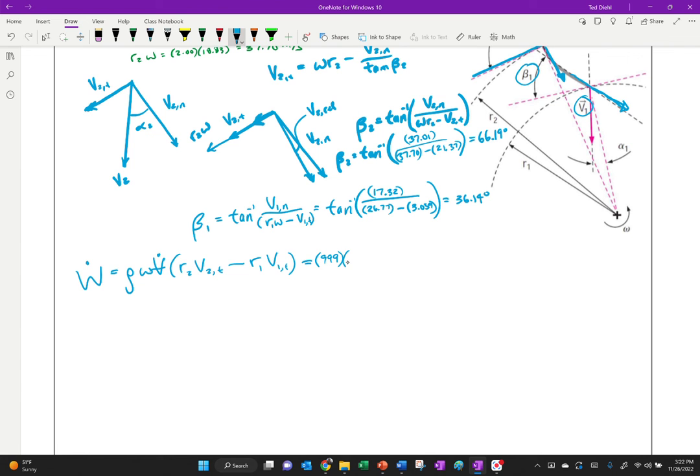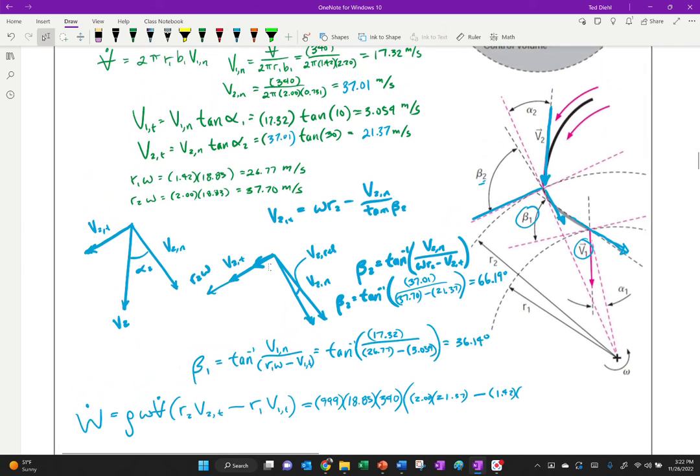The angular velocity we found was 18.85. The volumetric flow rate, which was given, and then the R2, which was 2 meters, and the V2T, which was 21.37, minus R1, which is 1.42, and then the V1T, which is 3.054.